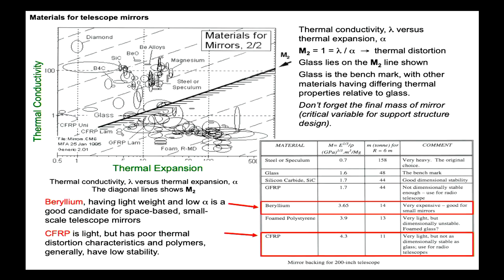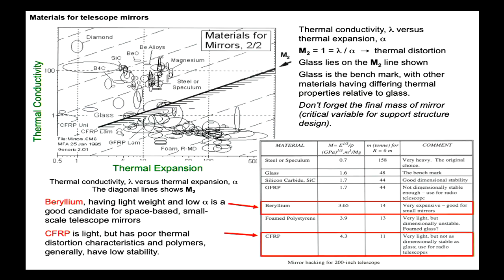Again, I've highlighted beryllium and carbon fibre. Beryllium is lightweight with low alpha, low thermal expansion. So you could say it's a good candidate.